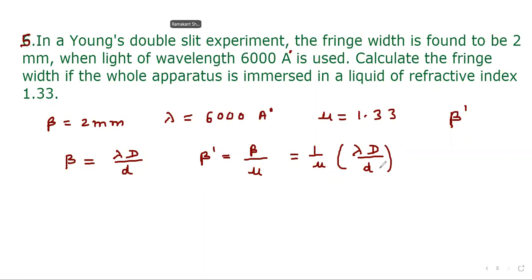And here lambda D upon small d is the fringe width itself, so that is 2 millimeter. So 1 upon mu, mu is 1.33, times 2 millimeter. If we divide 2 by 1.33, we will get 1.5 millimeter, which is our answer.